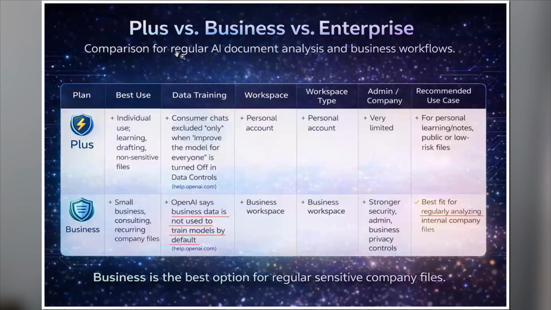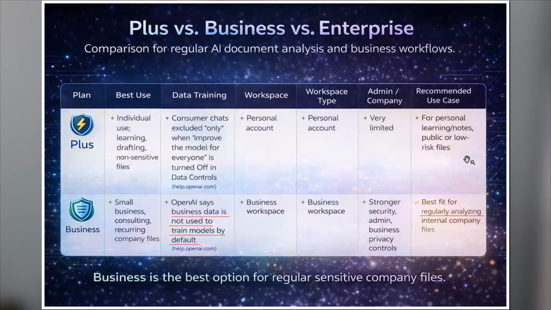And this one is a very important slide. We're going to talk about the difference between Plus and Business, when it comes to ChatGPT and also other models. If you use the model quite a bit, I suggest to use Business and not the Plus, because the Plus is still for personal learning notes.